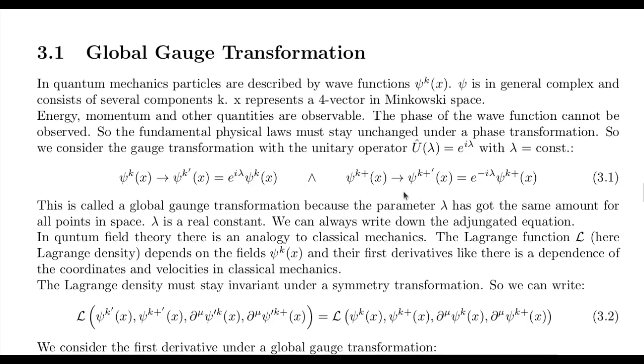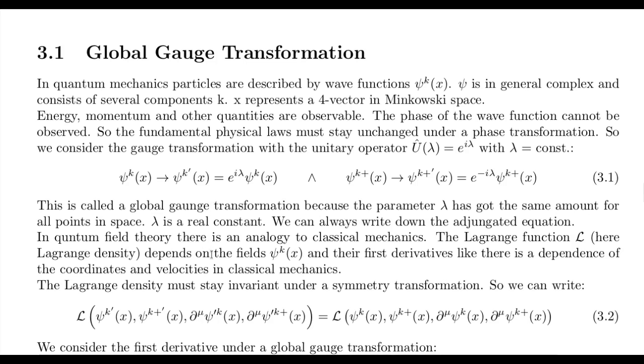Here we have the adjoint version. It is always possible to write down the adjoint equation. If we have scalar functions, then the adjoint version would be reduced to the complex conjugated version. And because of the same value of lambda at each point in space, we call it a global gauge transformation.